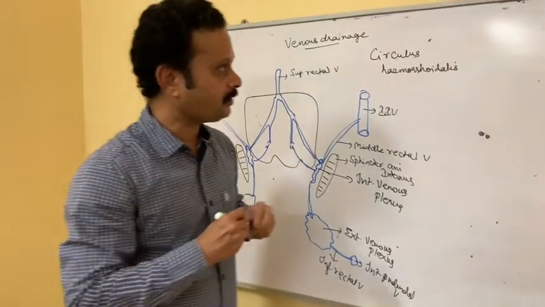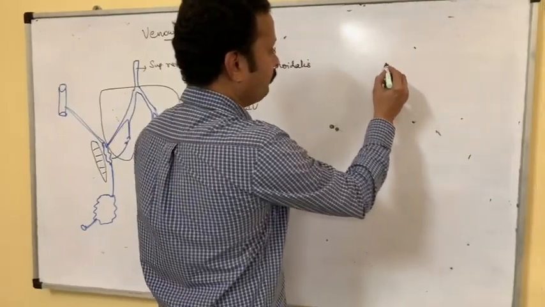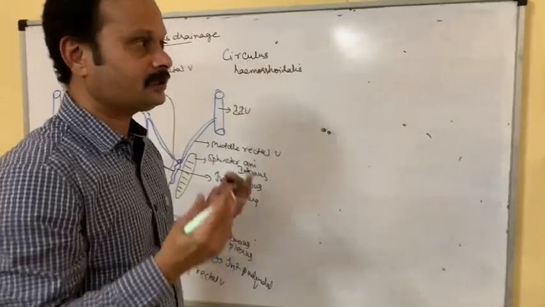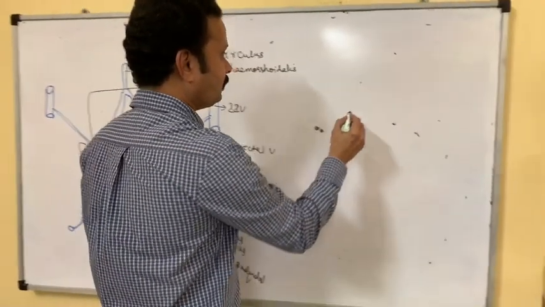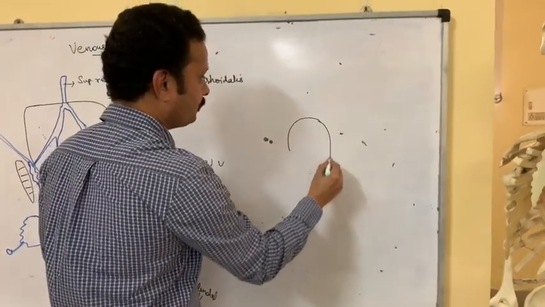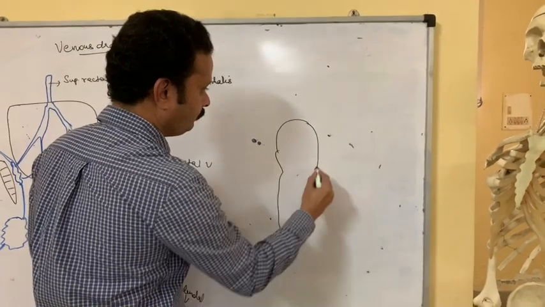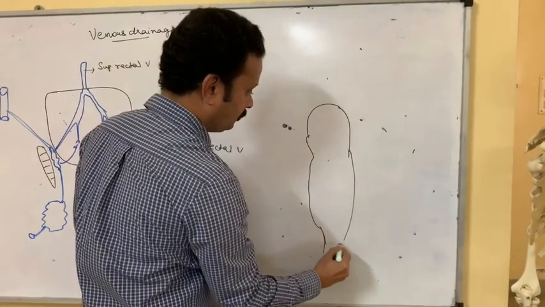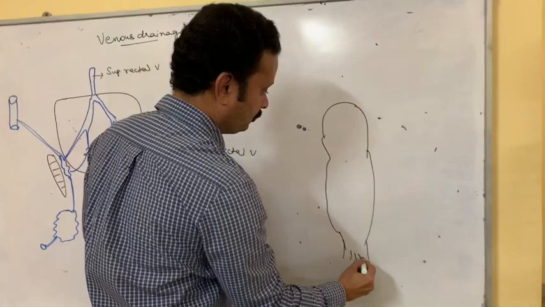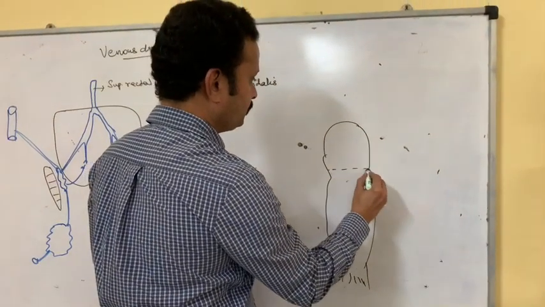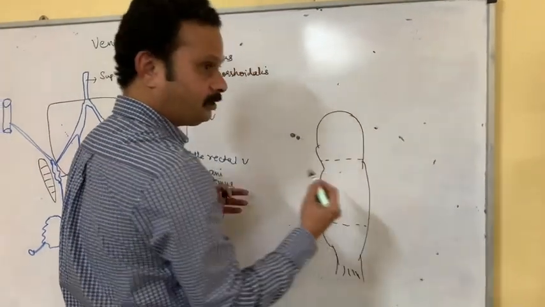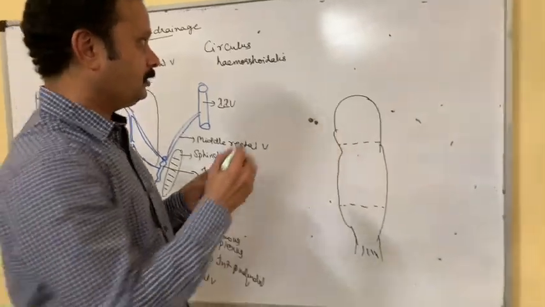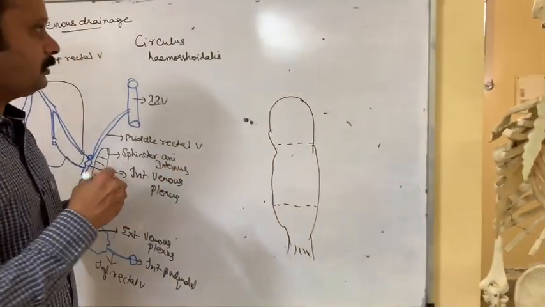Coming to the lymphatic drainage, the extramural set of lymphatics, this is the rectum. This is the upper part, middle part and lower part.